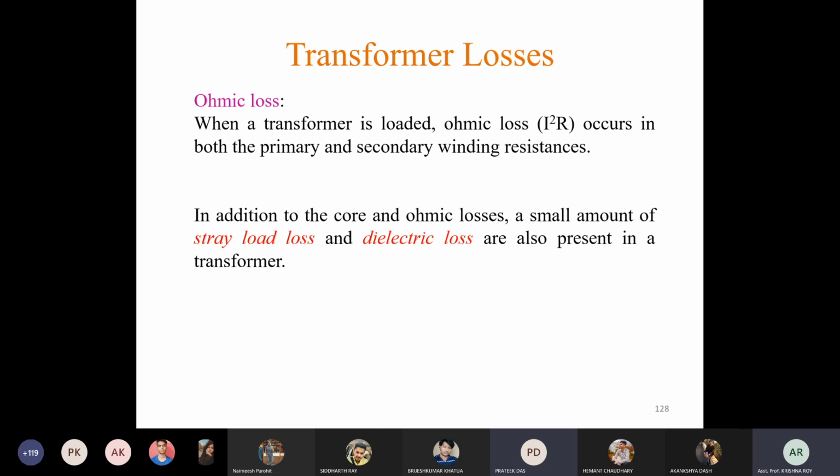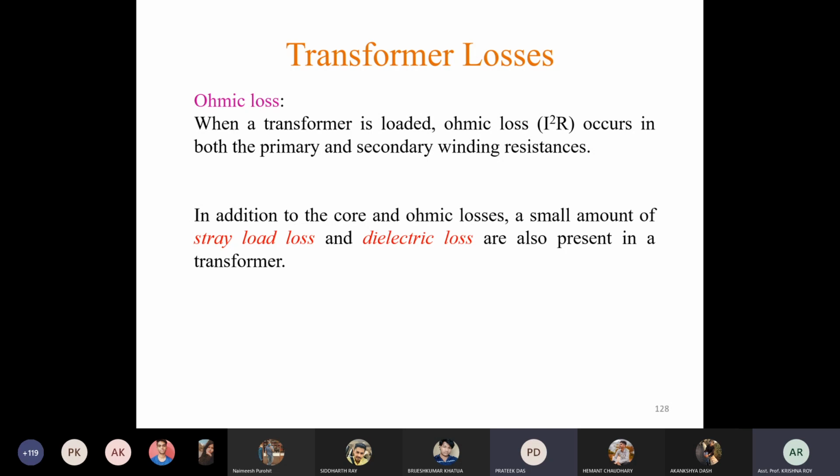Besides these, there are some other fluxes which have no fixed or defined path. They are aimless but they are present. Those fluxes also create some losses, which is known as stray load loss.